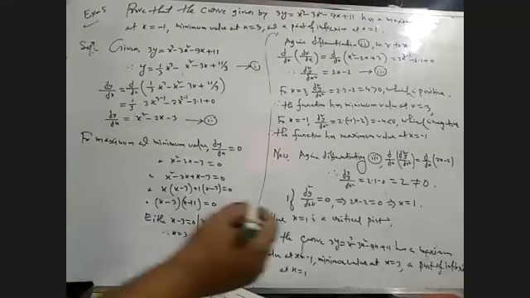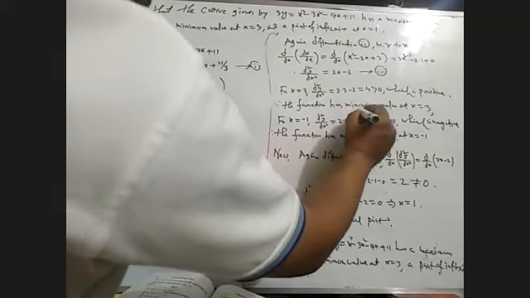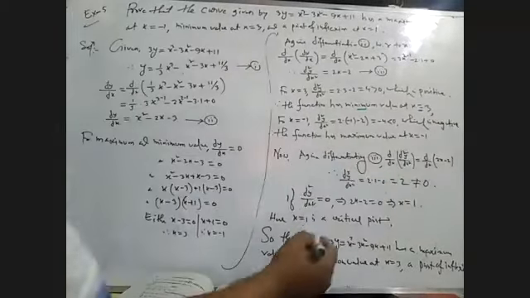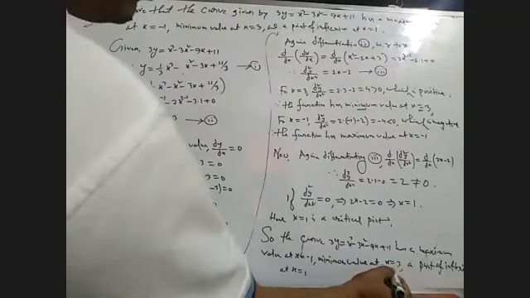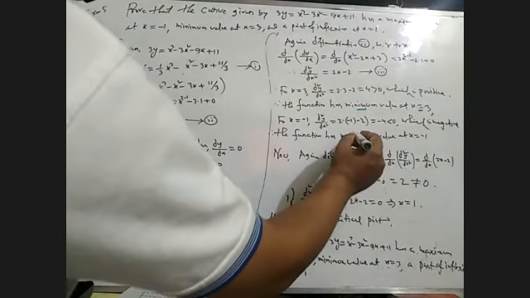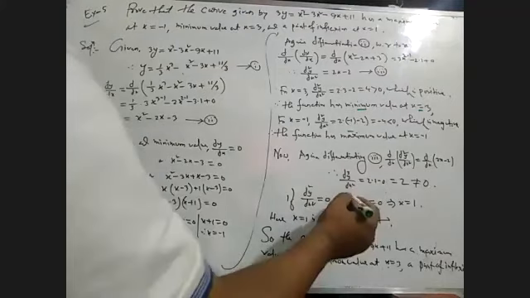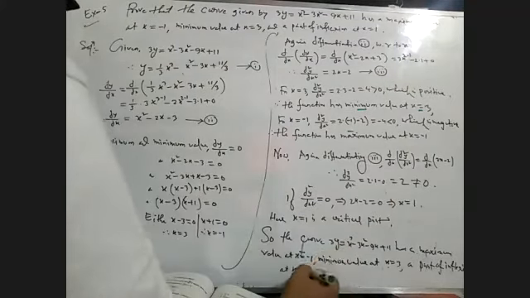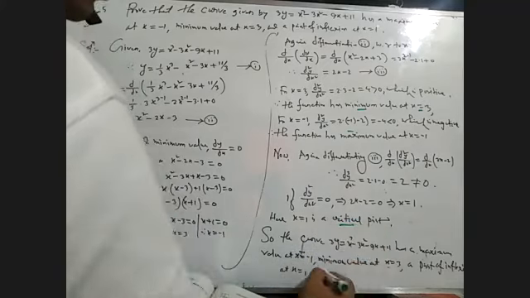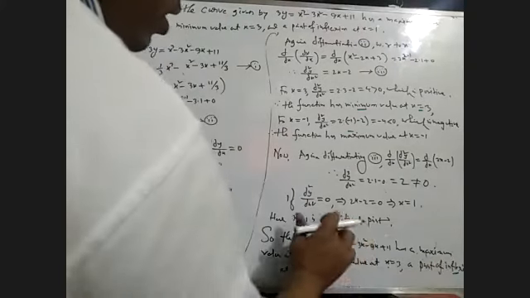That means we got a minimum value at x equals 3 and a maximum value at x equals minus 1, and at x equals 1 we got an inflection point.